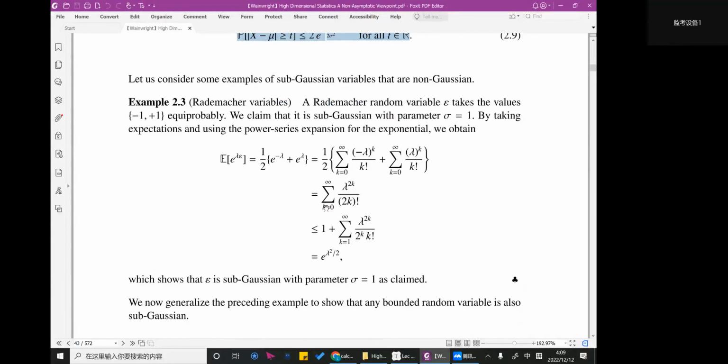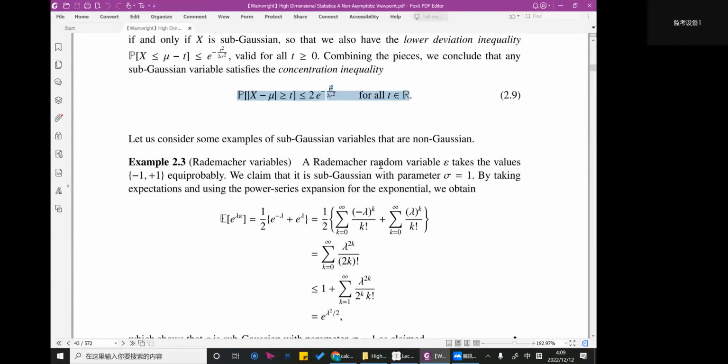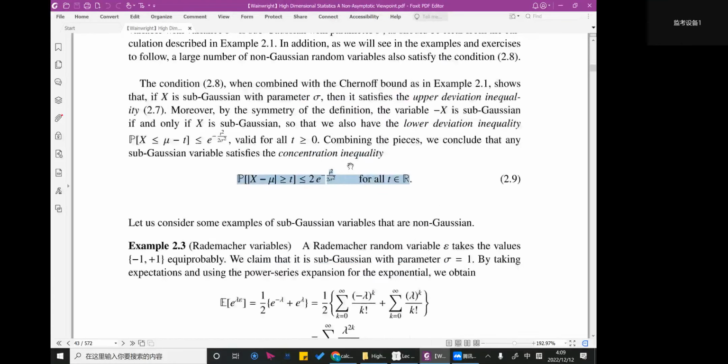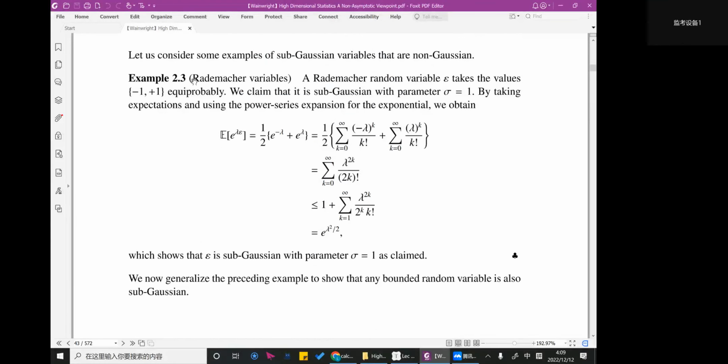Here are some examples of sub-Gaussian variables, and of course they are non-Gaussian, and the writer gives you the sub-Gaussian parameters. Example 2.3 is Rademacher variables. The Rademacher variable will be used later to derive some bounds for, let me say, risk minimization settings.